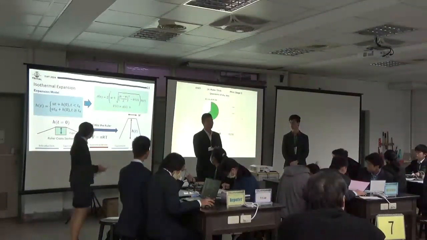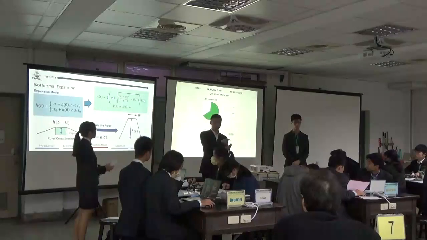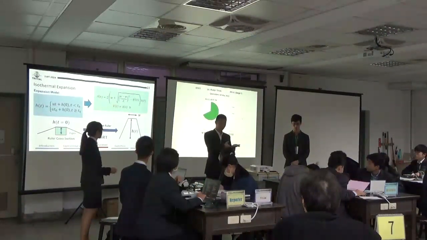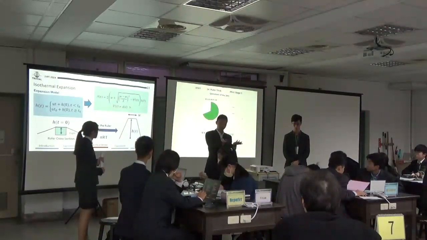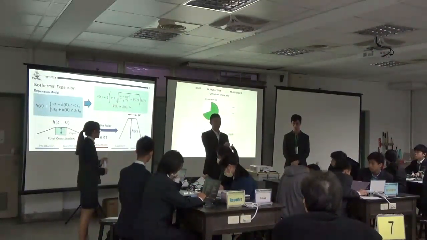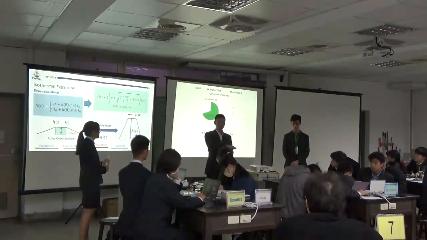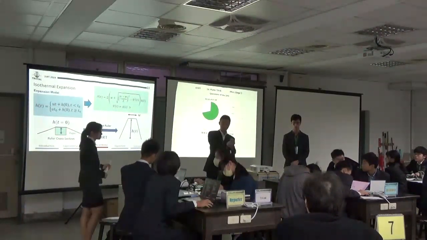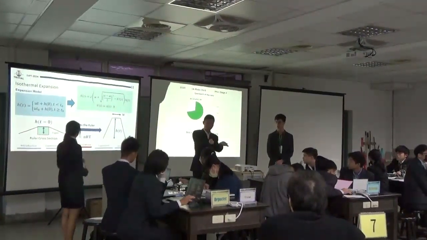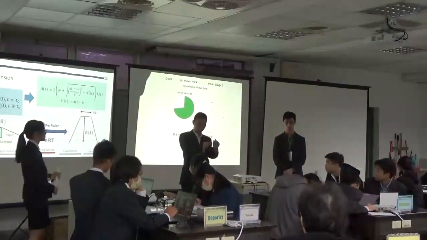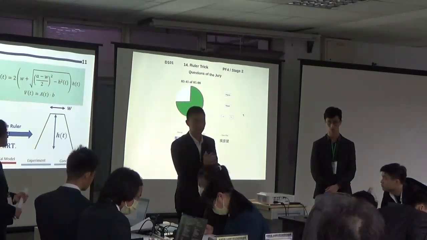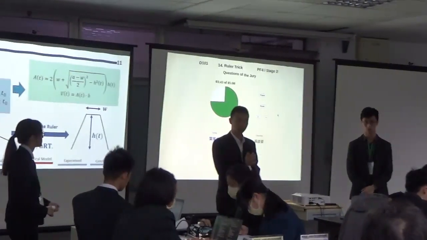So I believe the air pocket remains the same, but as the area of the paper decreases, the part where there is no air will decrease. So I think that will let the ruler fall off more easily, because as the area decreases, the air pocket size remains the same, but the parts that have no air become smaller. So it lets air flow more easily, and that might let the ruler fall.